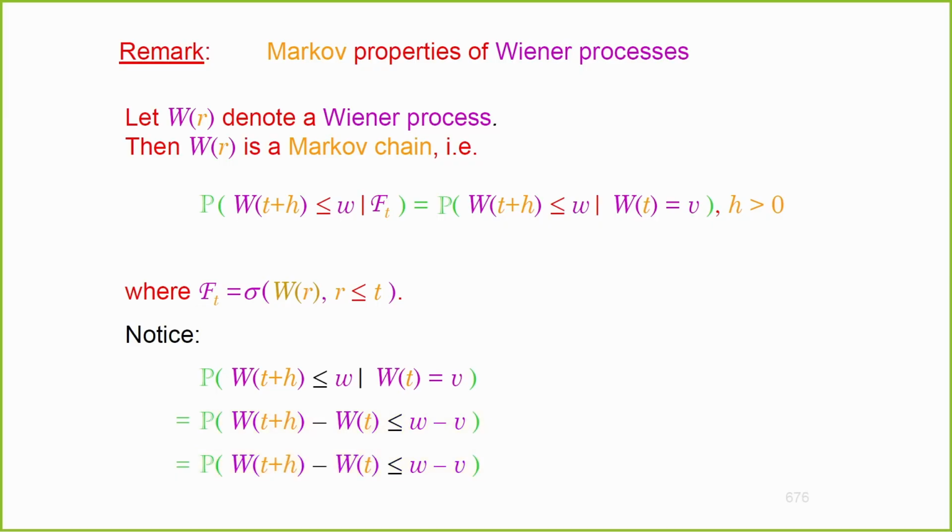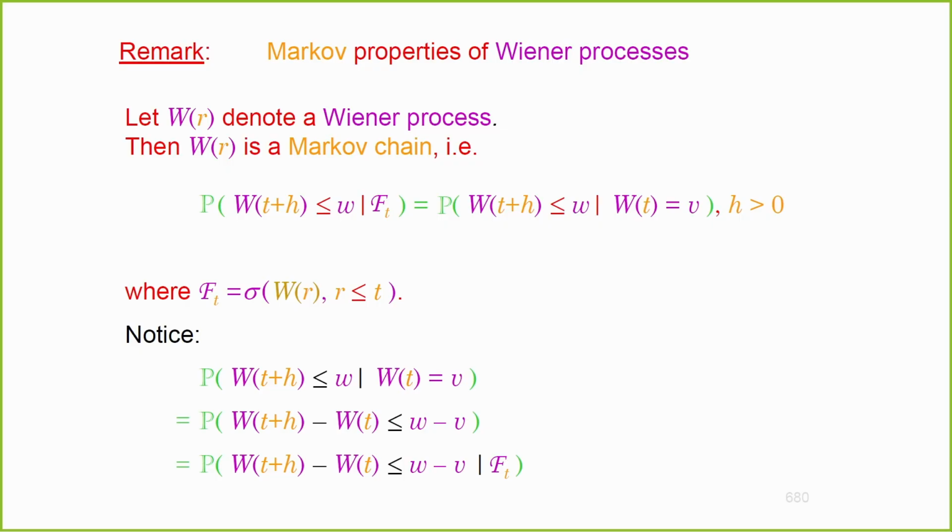The increments don't depend on anything, not even on the past. So the conditional cumulative distribution function of the increments of the process at time point w minus v is equal to the unconditional one, because the increments are independent. And if they are independent, they are also independent of the past of the process.